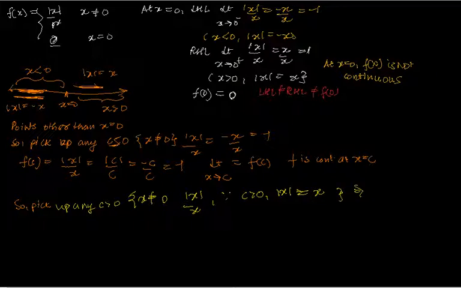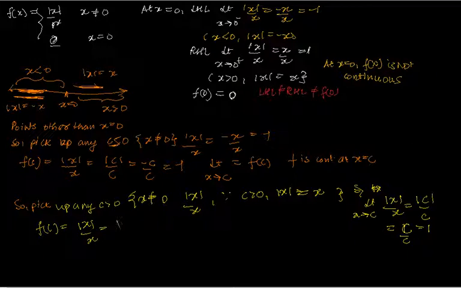Now limit of x tends to c of mod of x upon x would be mod of c upon c, which would be c upon c. Why have I written c? Because for c greater than 0, mod of c would be equal to c, and this is equal to 1. Now what is the value of the function at such a c? This would be given by mod of x upon x, but substituting c in place of x, we get mod of c upon c.